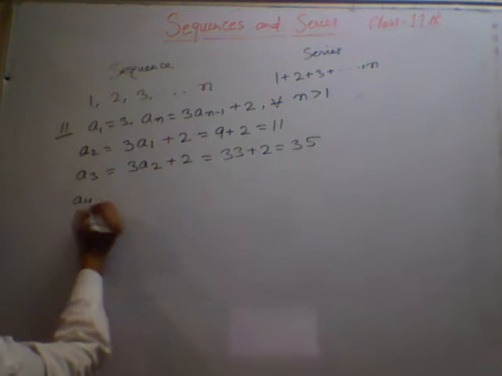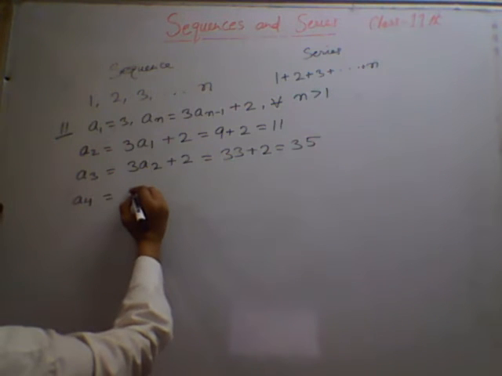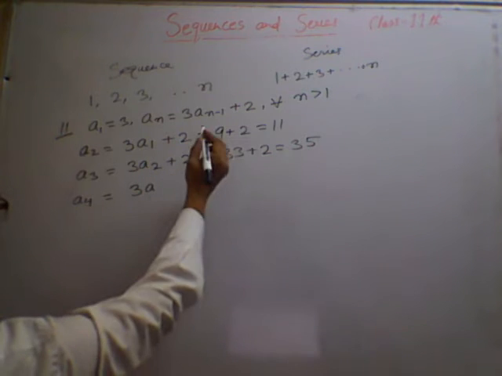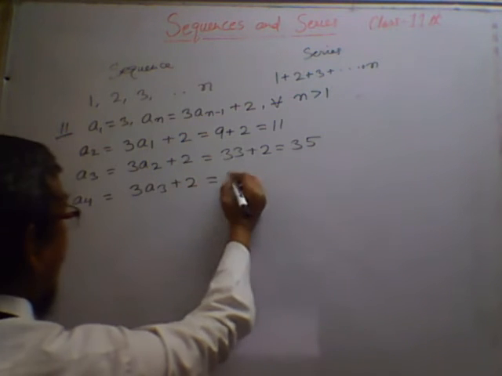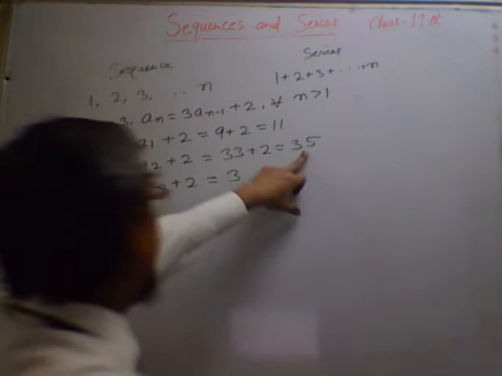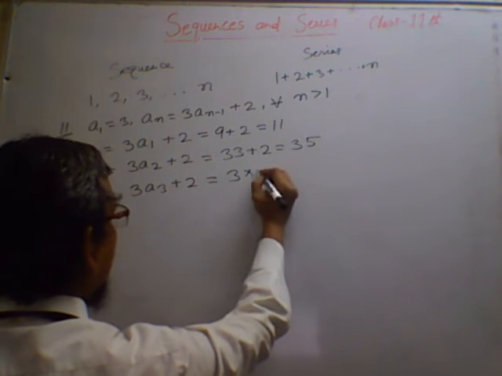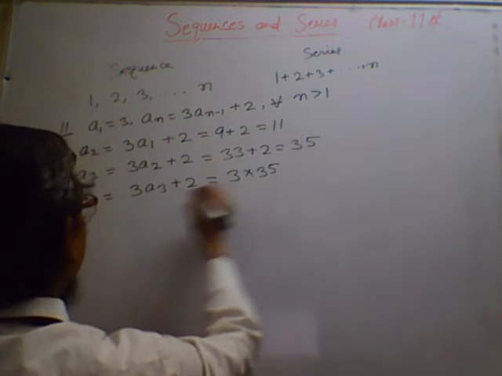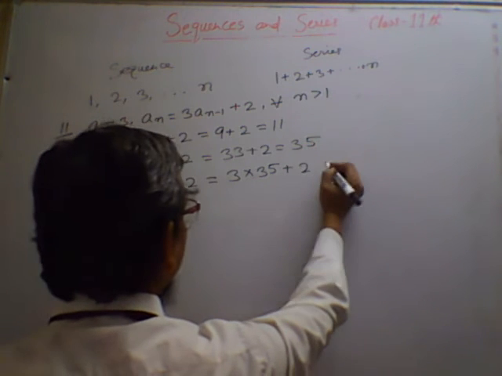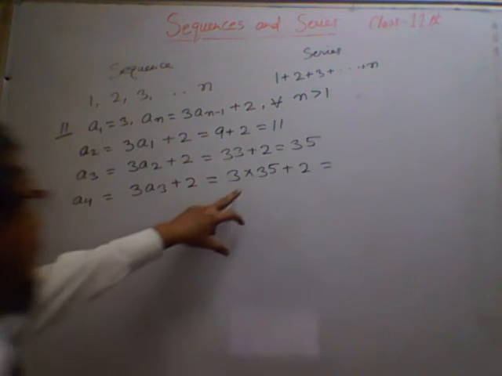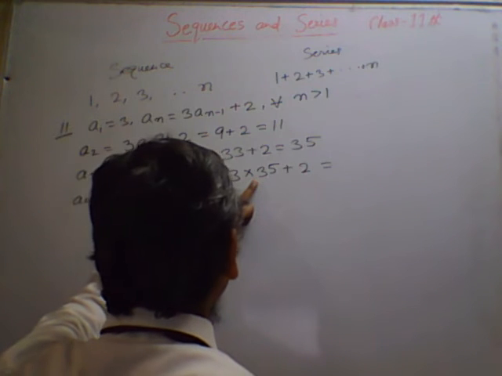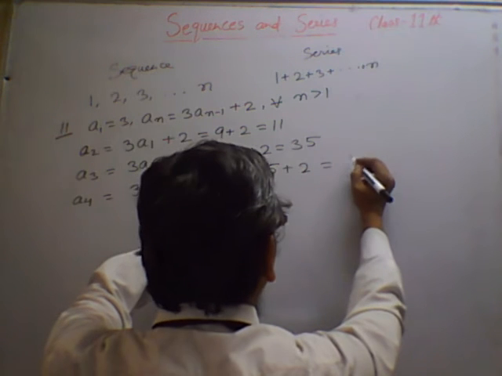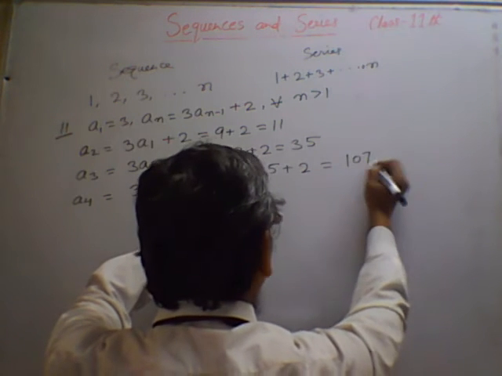A4 equals 3a4 minus 1 plus 2. Value of a3 is 35, 35 times 3 is 105. 105 plus 2 is 107.